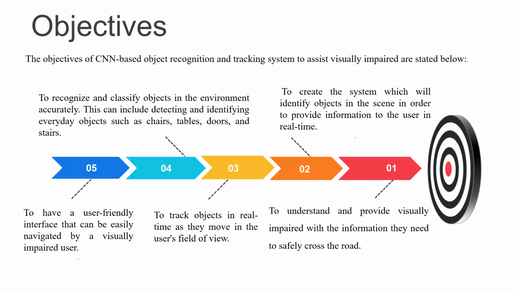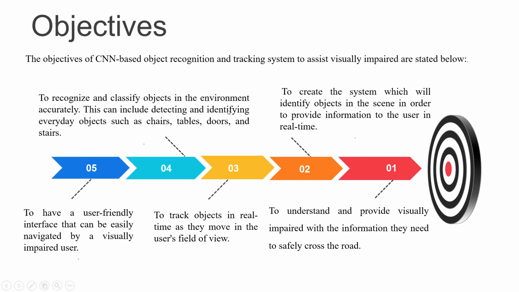Next, we have objectives. Some of the objectives of CNN-based object recognition and tracking systems are: first, to understand and provide visually impaired people with the information they need to safely cross the road. Second, to create a system which will identify objects in the scene in order to provide information to the user in real time, to track objects in real time as they move in the user's field of view, to recognize and classify objects in the environment accurately.